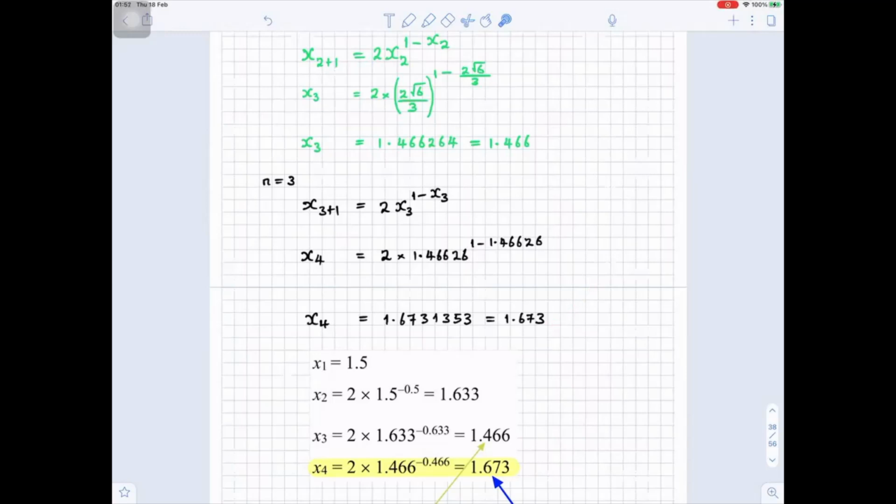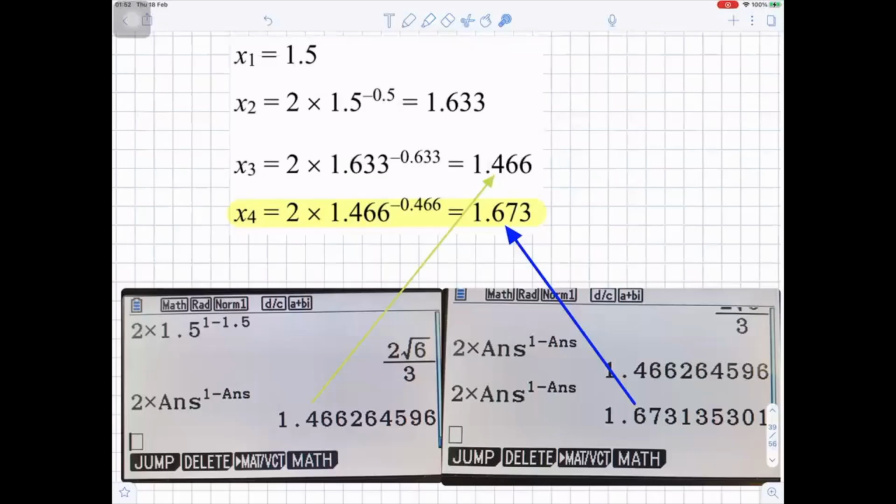So you use your calculator to do all of this. Your four answers will be x1 is 1.5, x2 is 1.633, x3 is 1.466, x4 is 1.673.